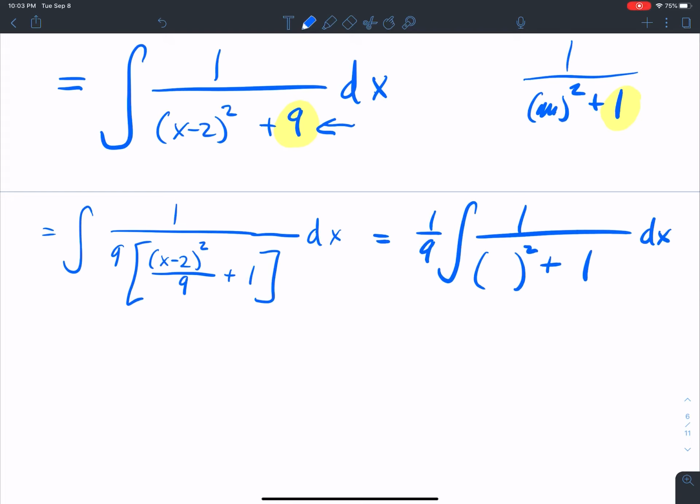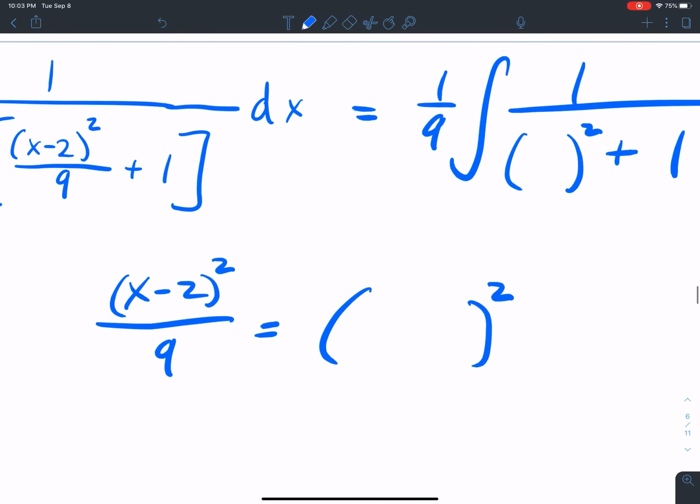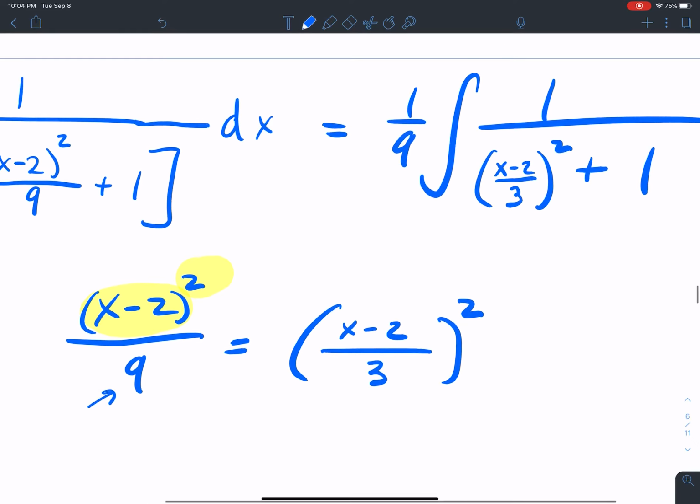Well, how do I make this x minus 2 squared over 9 equal to something squared? Well, the numerator is pretty easy because it's already written kind of as a square, so that's x minus 2 in the numerator. The denominator, if I multiply 3 times 3, I get 9. So what do I put in here? x minus 2 over 3. Okay?